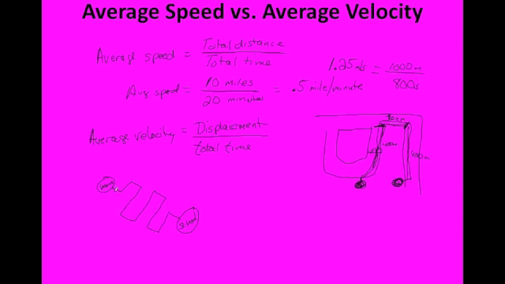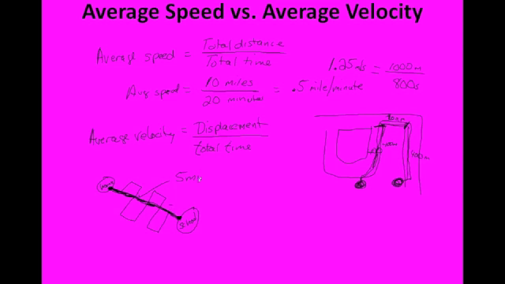If we were calculating average velocity, we would draw a straight line, because that is your displacement, a direct line. Your total displacement is how far you are away from where you started in a straight line. The dark line here is your displacement. If it's 5 miles from your home to school in a straight line, that is your displacement. The total distance you traveled was 10 miles because you had to go all around all these neighborhoods, and it took you an extra 5 miles out of the way.